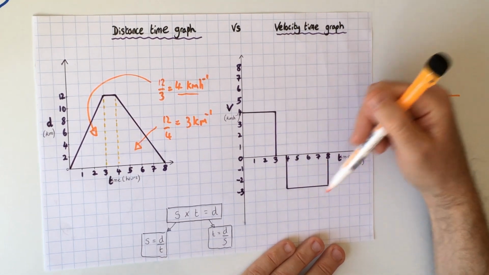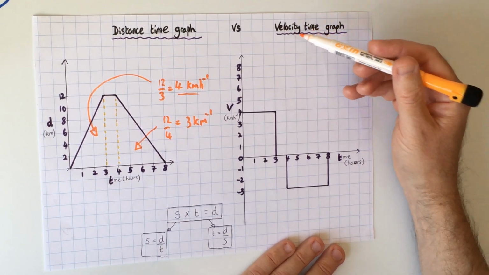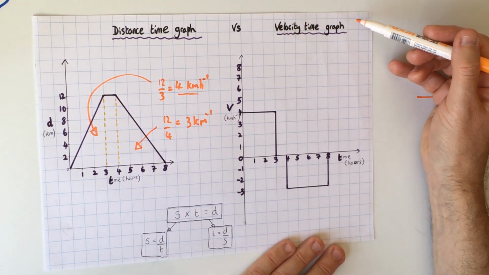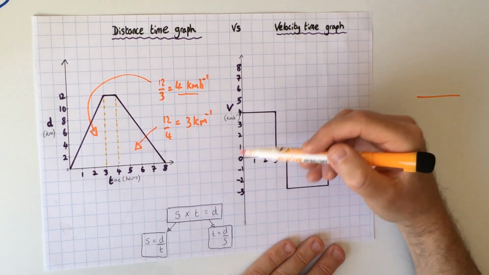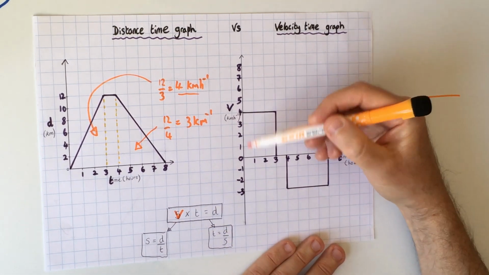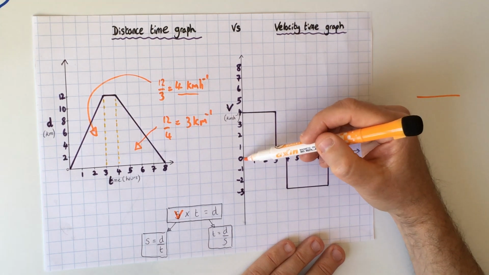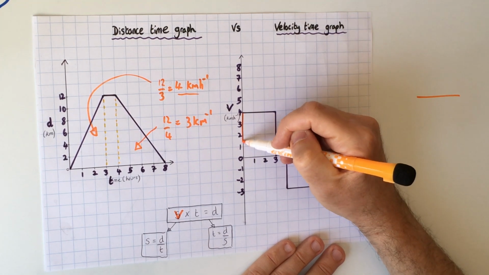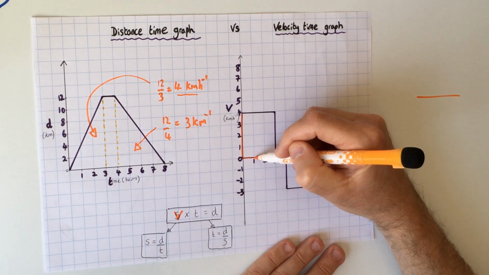And this allows me to show you another feature, or a good feature of velocity time graphs, because you can see here from this statement that the speed, I'm just going to change that to a V now, the velocity times time is the distance, and this is the velocity, that side of our rectangle, and this is the time.